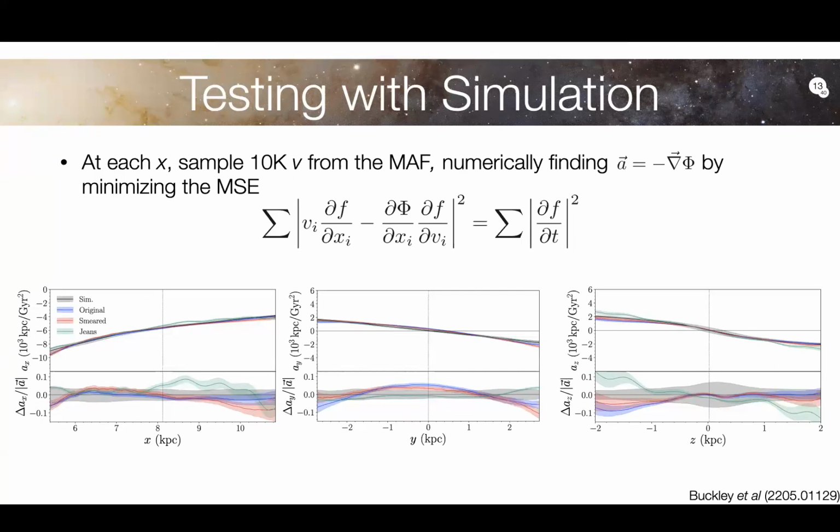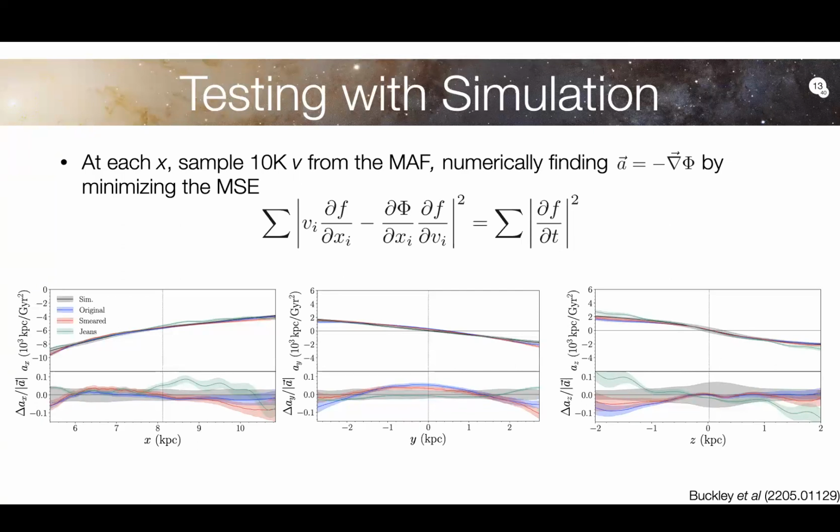The derivative of the potential gives you the acceleration. That's what we want, right? So we find an acceleration by minimizing this combination of the derivatives of the phase space density. That doesn't require it to be exactly 0, but it will try to at least get it close to equilibrium. And we'll return to whether that assumption is true later.